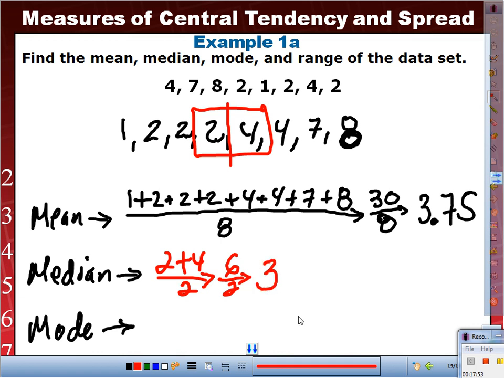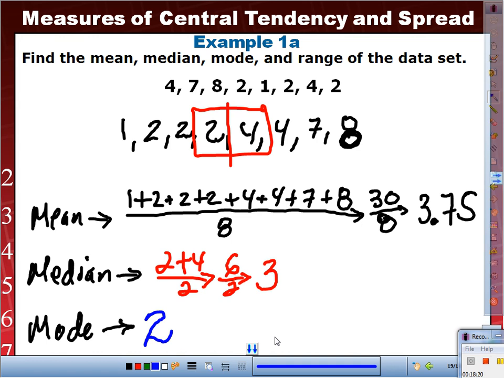That is correct. Tell us first how to find it. Find the number that repeats the most, therefore the mode is? That is correct. So that was step 2.